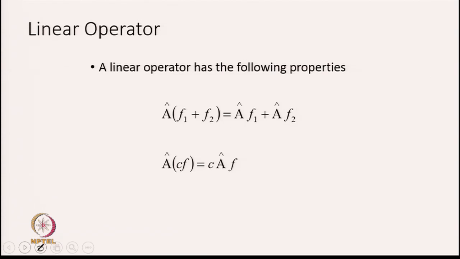Any operator cannot be a linear operator. A linear operator has the following property. So, here is an operator. Suppose it is a linear operator, then when you apply this operator to the sum of two functions f1 and f2, that should be equal to the operator applied on function 1 plus the operator applied on function 2.